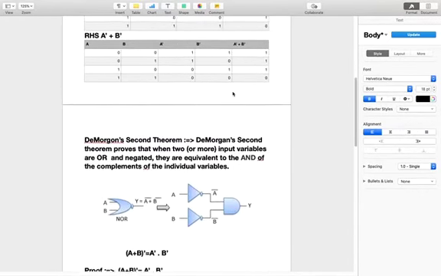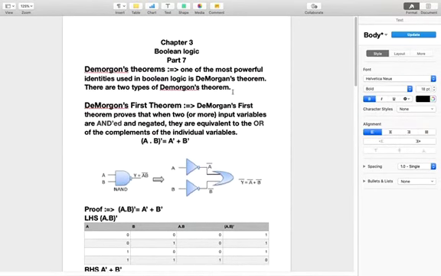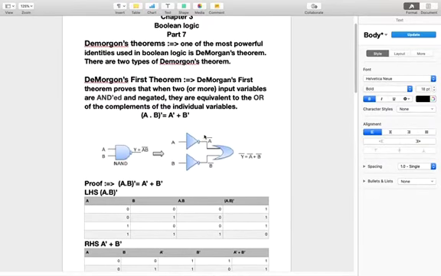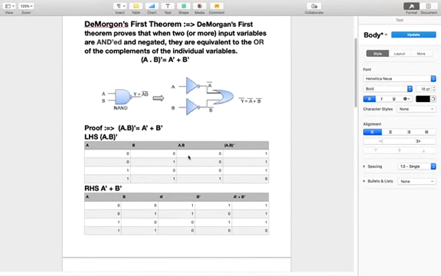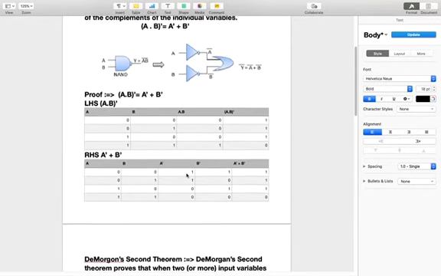Today we learned a very important theorem, De Morgan's theorem, which has two types. The first theorem says that when two or more input variables are ANDed and negated, they are equivalent to the OR of the complements of the individual variables. This is the expression and logical diagram of De Morgan's first theorem, and we proved it by the truth table.